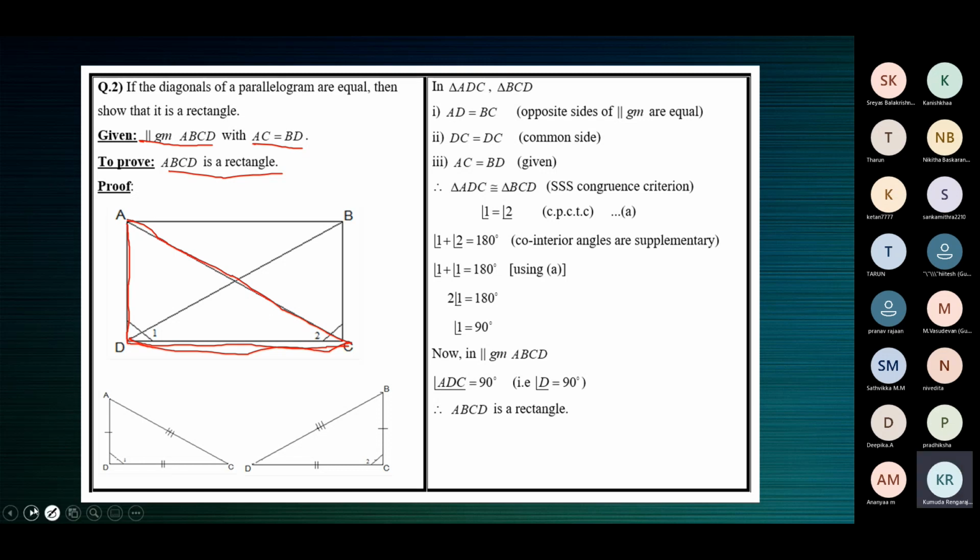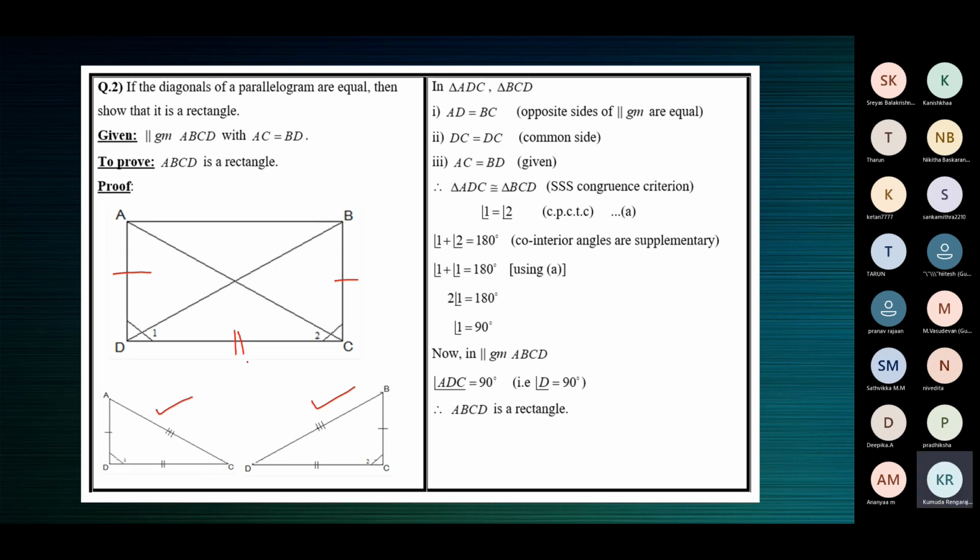Now let's prove that these two triangles are congruent. You can see the triangles separately here, ADC and BDC. AD is equal to BC because in a parallelogram, opposite sides are equal. DC is a side common to both the triangles.